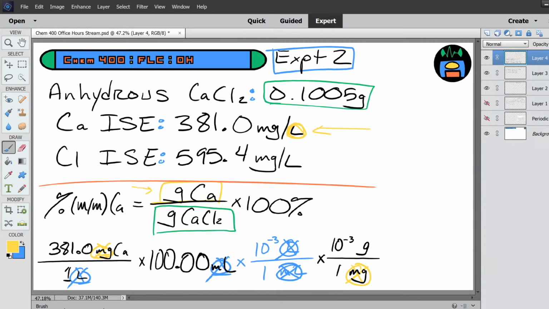So we come out with a mass for calcium of 0.0381 grams of calcium. All right. So our percent mass of calcium is 0.03810. Hang on.